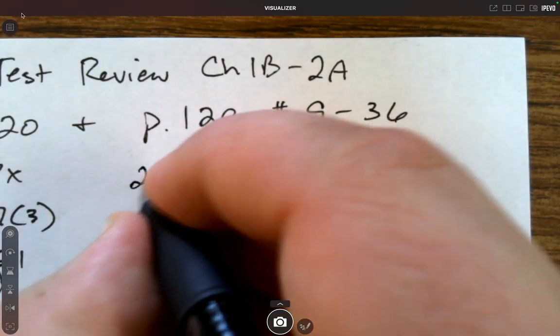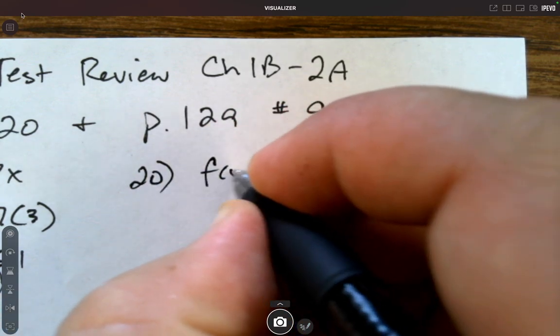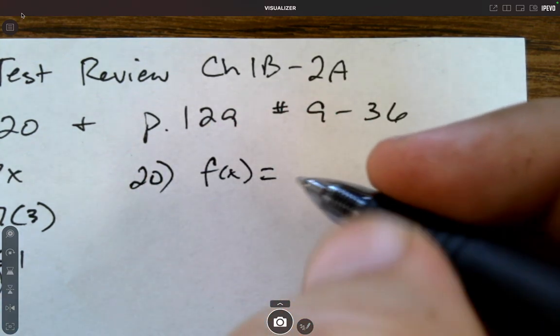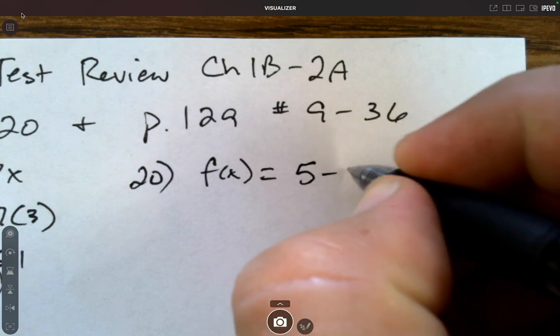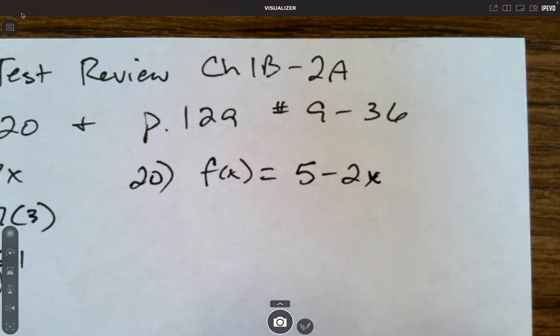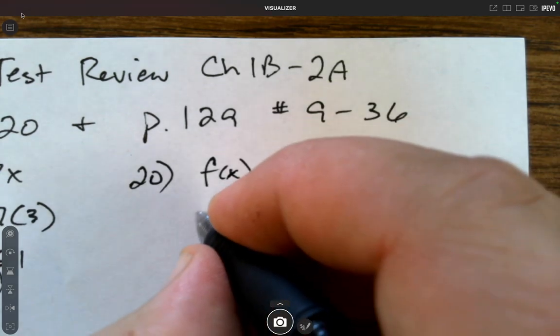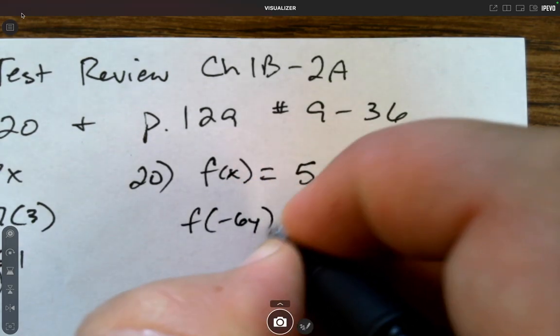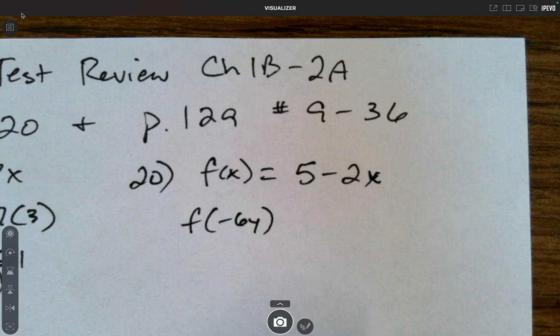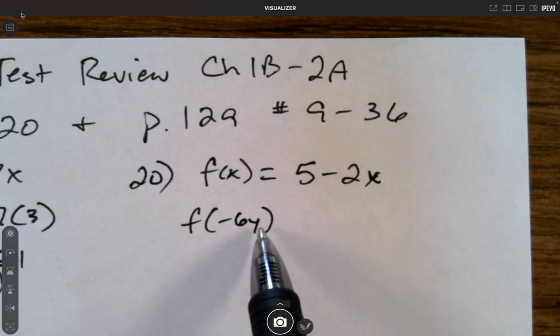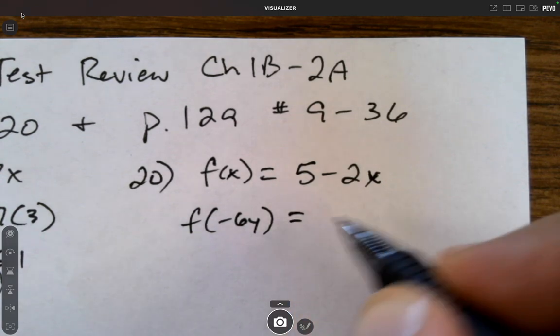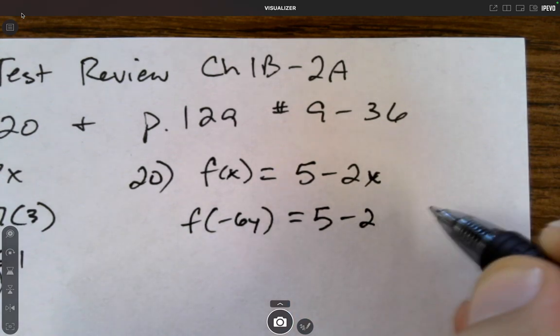Okay, 20 is very similar, but it's working with a different function. It's working with f of x, which is 5 minus 2x. And they ask us to find f of -6y. So just like before, whatever's in parentheses, whether it's numbers, variables, or both, you replace the x with that.